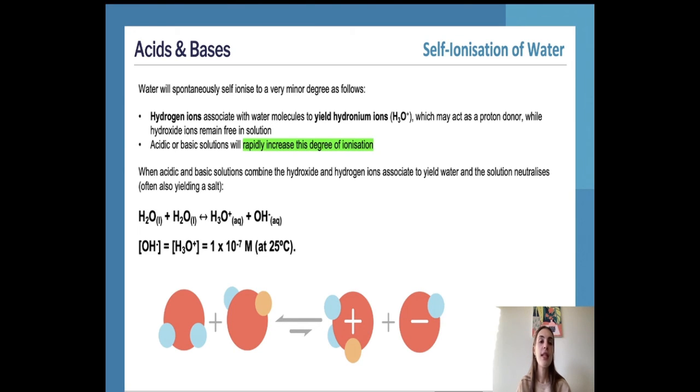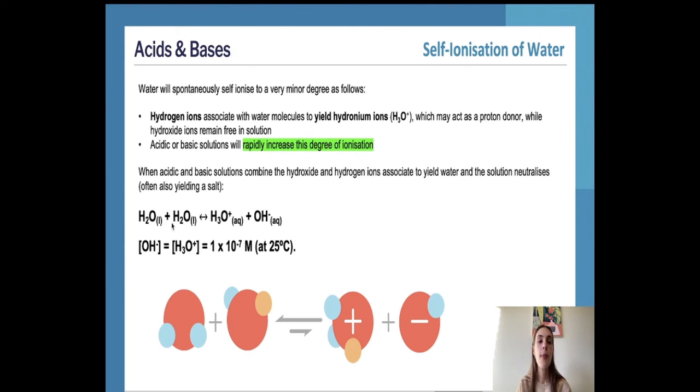Acidic or basic solutions will rapidly increase this degree of ionization. So when acidic and basic solutions combine, the hydroxide and hydrogen ions yield water and the solution neutralizes. This often yields a salt as a product. So we can see our equation here.